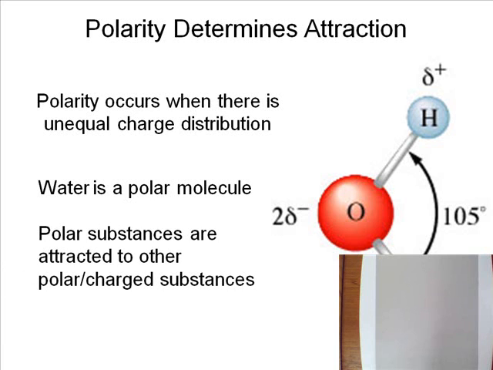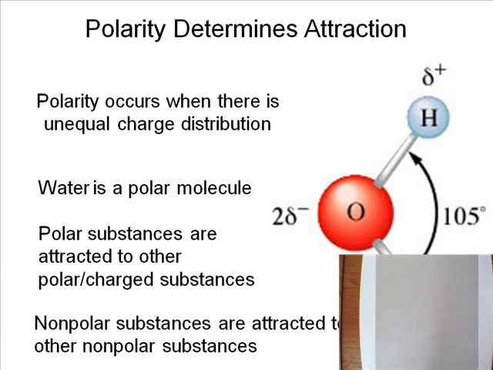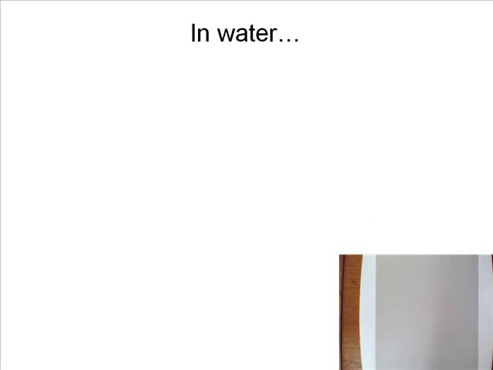Now what happens is polar will attract other polar molecules or other charged molecules. The nonpolar, which we have not shown you right now, are attracted to other nonpolar, and therefore not attracted to other polars.